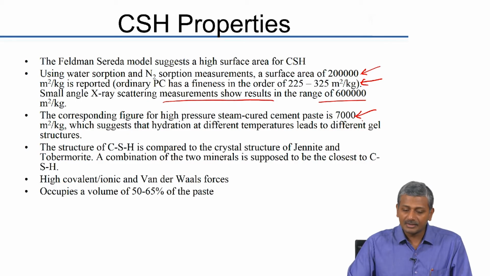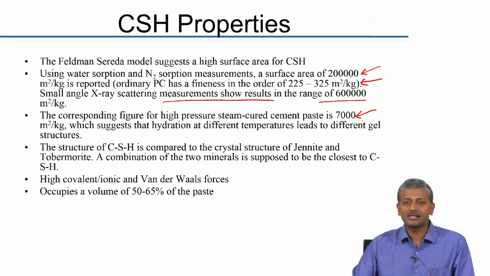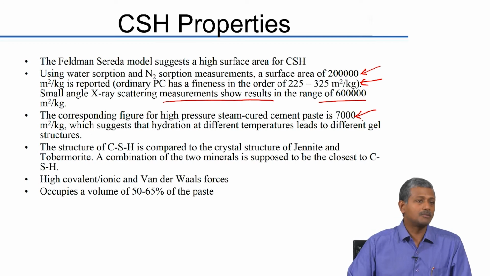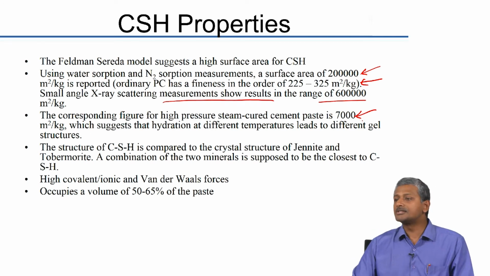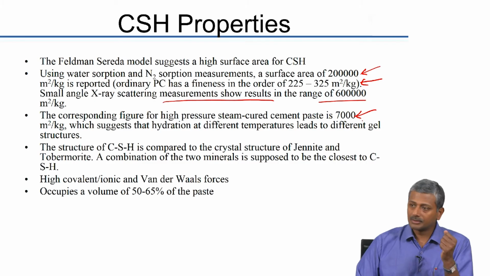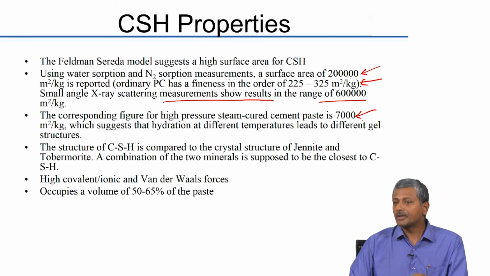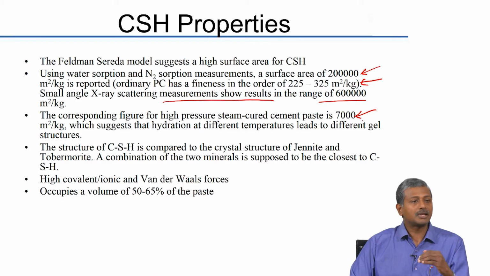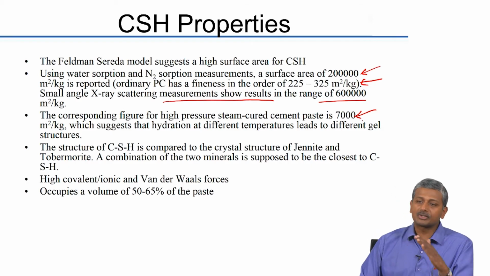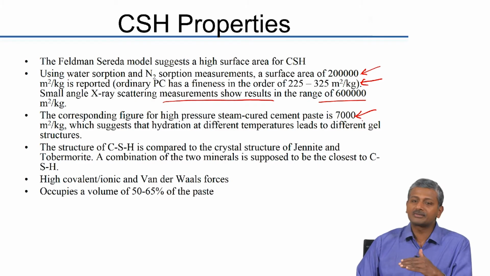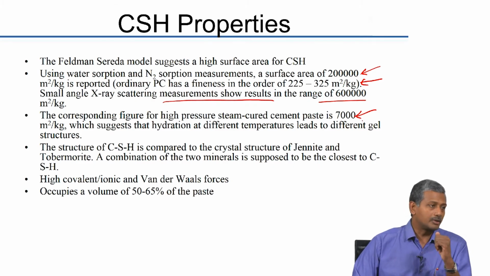Now this suggests that you are leading to a different gel structure formation when you do steam curing. And indeed it turns out that steam cured concrete, while it gives you very high rates of strength development in the beginning, in the long term the strength attained by steam cured concretes is of a lower order as compared to the strengths attained by normally cured concrete.